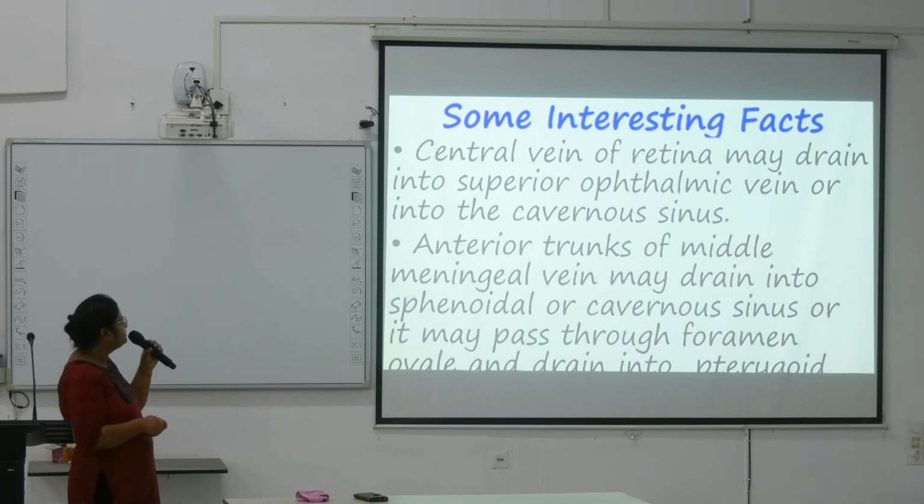There are many variations. The anterior trunk of the middle meningeal vein may drain into the sphenoparietal or cavernous sinus, or it may pass through the foramen ovale and drain into the pterygoid venous plexus.